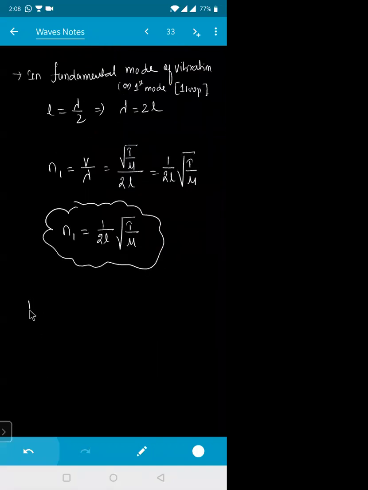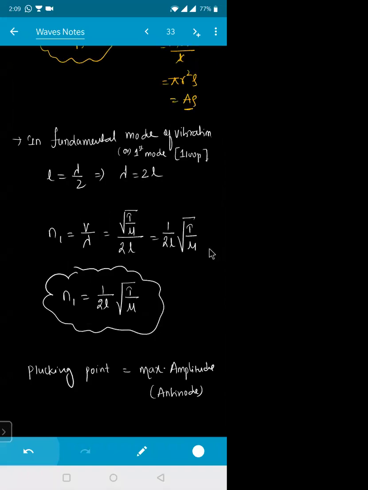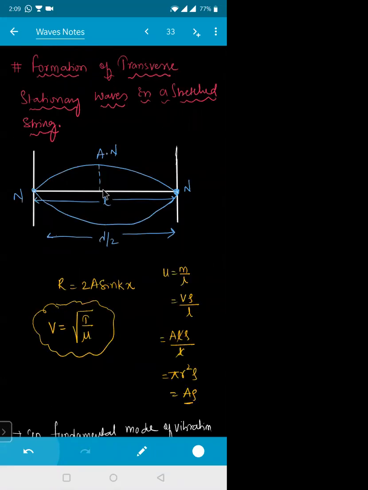So the plucking point will always give me maximum amplitude. Wherever we hold the string and release it, that will always give me maximum amplitude. That means that will give me antinode. Here in this string, what I am doing is plucking at the center.